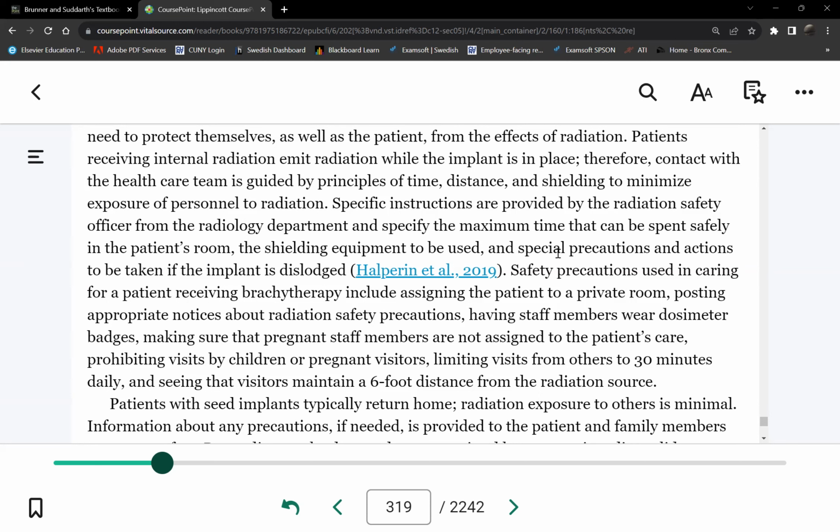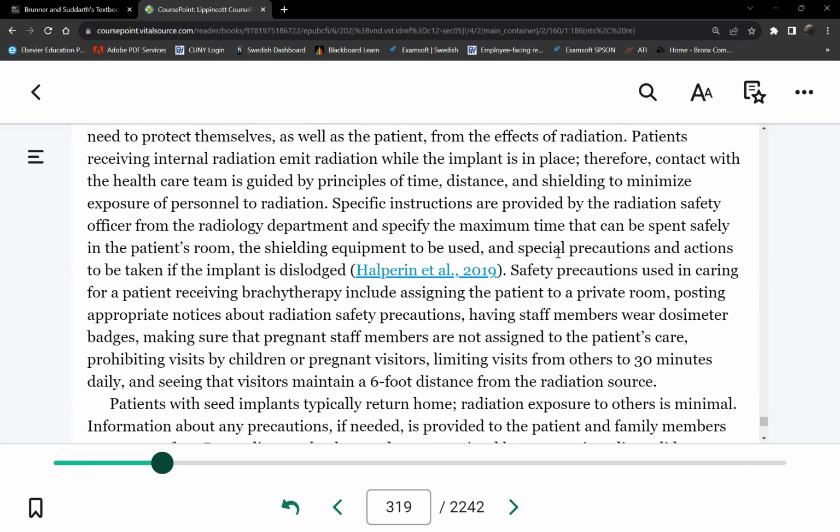Unlike brachytherapy earlier, wherein it was sealed and could not enter body fluids, this time the patient's fluids are radioactive, including saliva, feces, urine, and reproductive fluids.